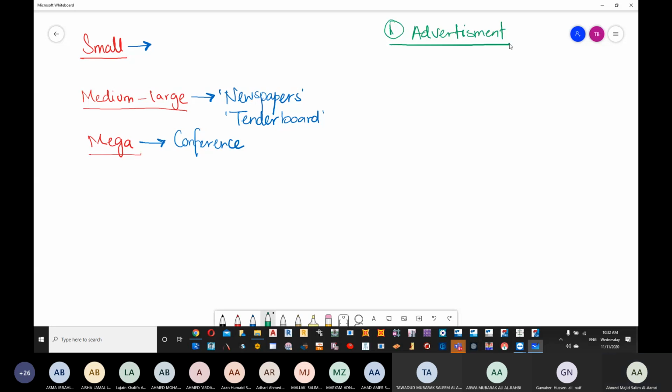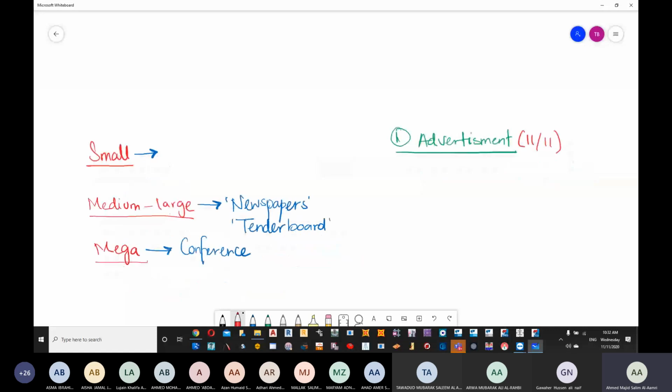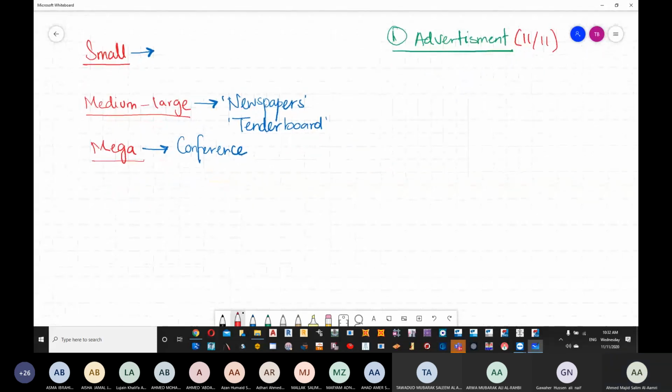Now let's say that we have advertised that we are going to do this project on the 11th of November. In the advertisement, whether it's newspaper, tender board or conference, we need to give them more details so they can bid, right?